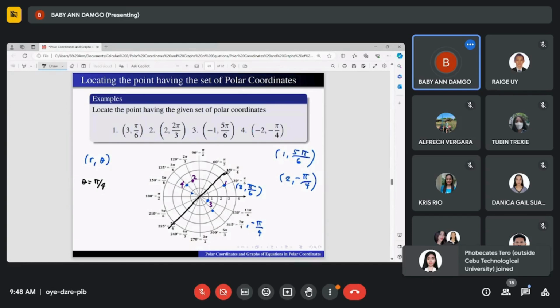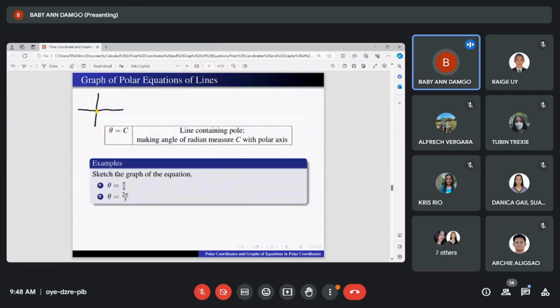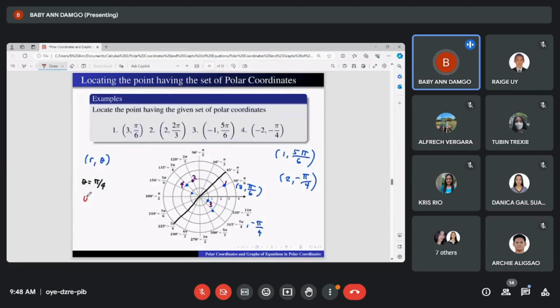Another, we have 2 pi over 3. So, the angle, we have 2 pi over 3. Where is 2 pi over 3? We locate it and then we will form a line.